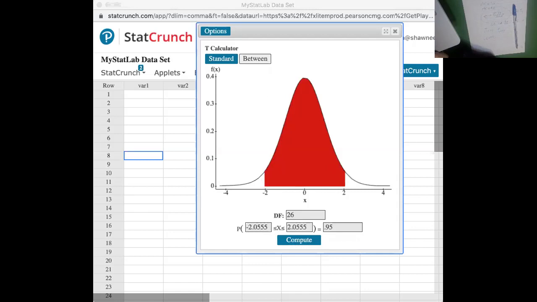And they rounded it to 2.056. So the rejection region is the region where you're more extreme than that, okay? And since it's a two-tailed test, that means you could be outside the value on either side. So it's going to be one of these with two values. It won't be a single case, right?